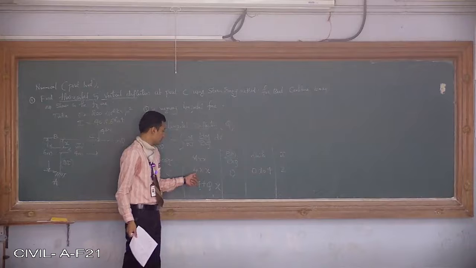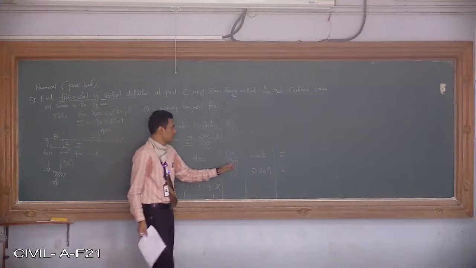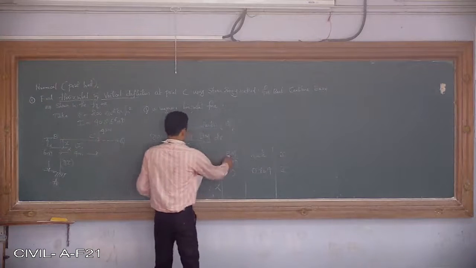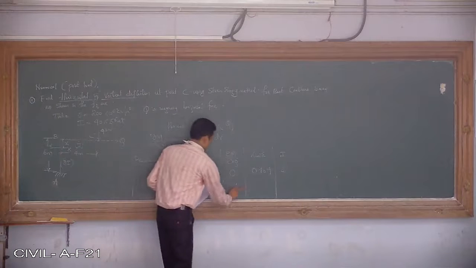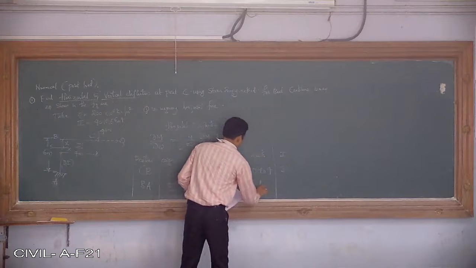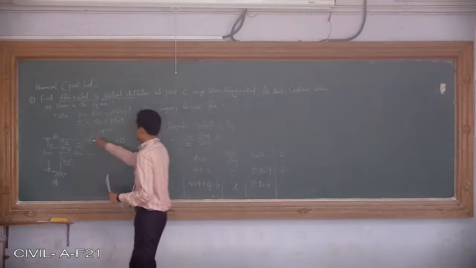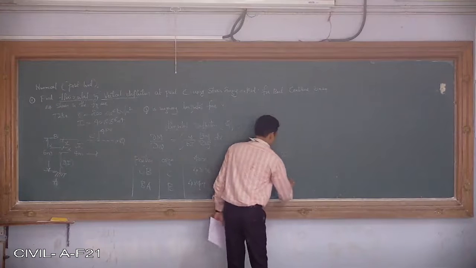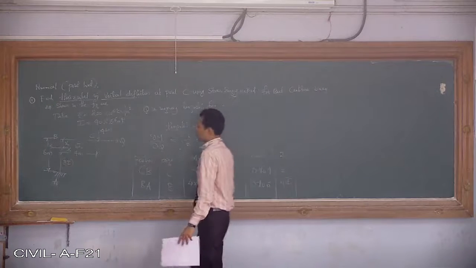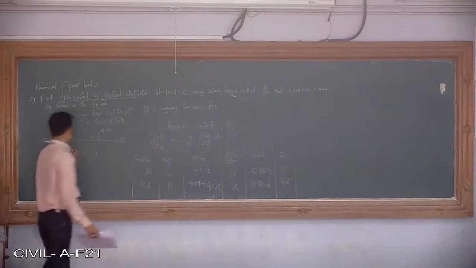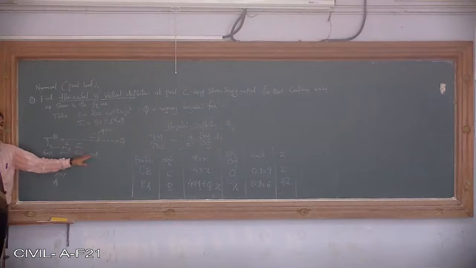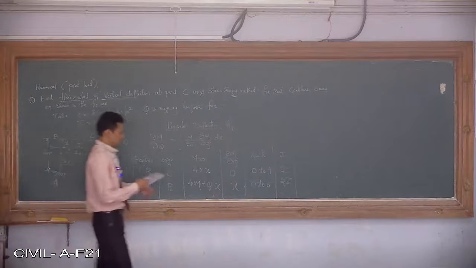Differentiation with respect to Q is 0, the limits are 0 to 4, moment of inertia I. Next, differentiation with respect to Q leaves x, with limits 0 to 6. So it is 0 to 4 meter and 0 to 6 meter, and the moment of inertia is 2I. Concentrate on this because sometimes it will be 2I, 3I. If you take only 1 by A and continue, this may go wrong. So concentrate more on I.